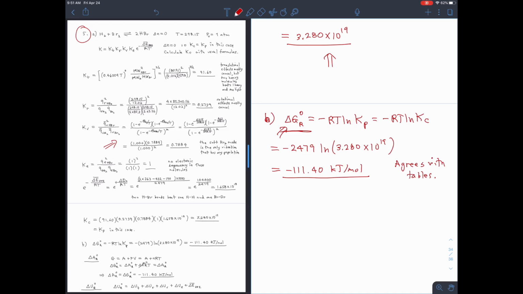Closely, anyway. I think the value from the table is about 110, so we're off just a slight bit, but not very far. It was off by 30 kilojoules per mole before. There was obviously some problem. And I thought I made a mistake in the calculation, but I couldn't find one. Eventually, I found a bad number from one of my sources. All right, so delta G.